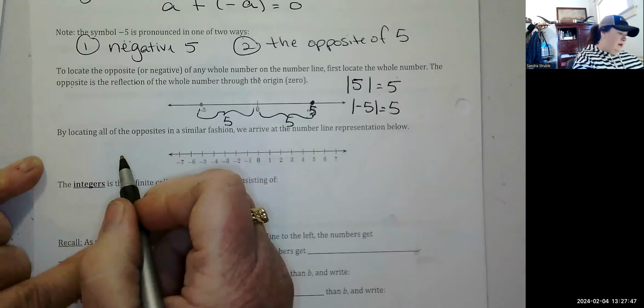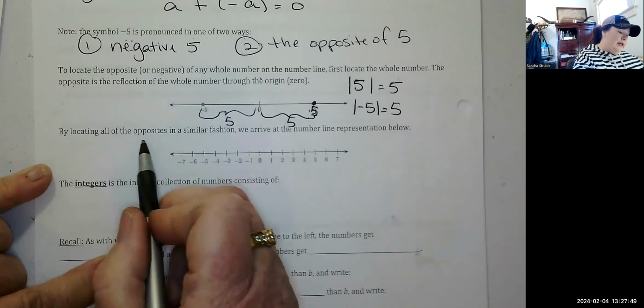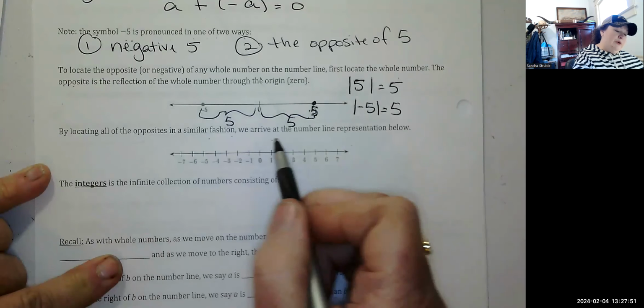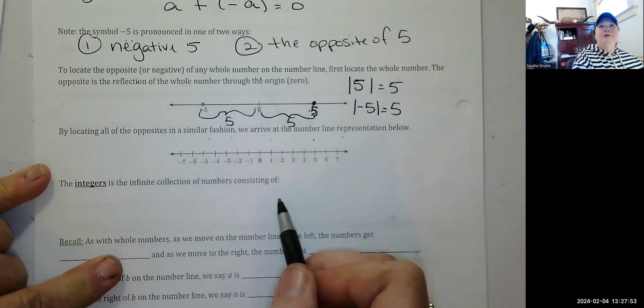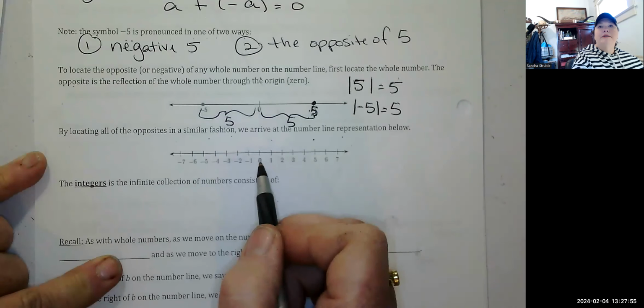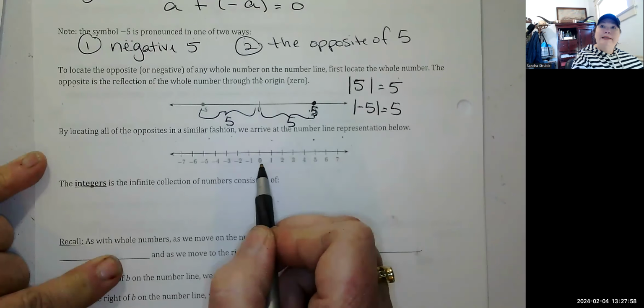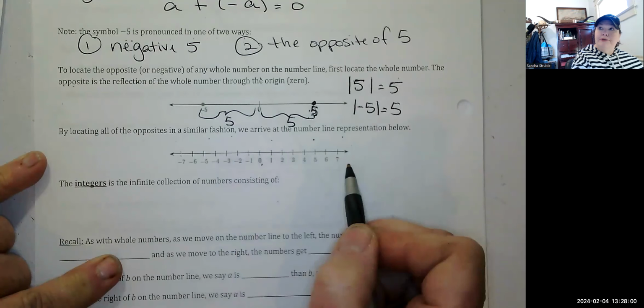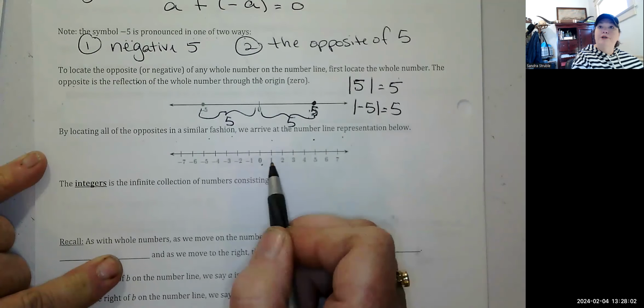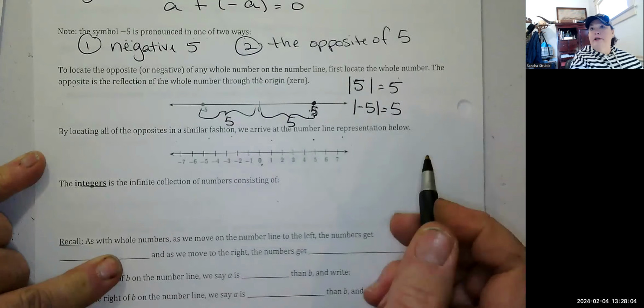All right. By locating all the opposites in a similar fashion, we arrive at the number line representation below. Everything to the right of 0 is the positive numbers, 1, 2, 3, 4, 5, 6, on to infinity.